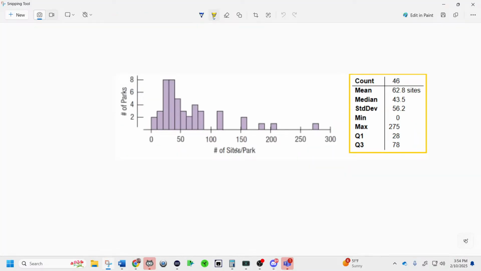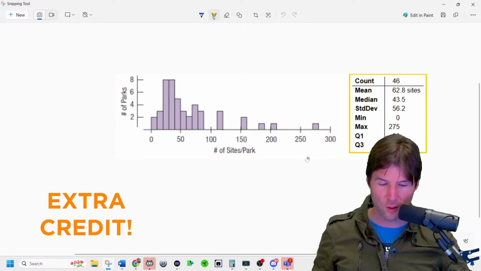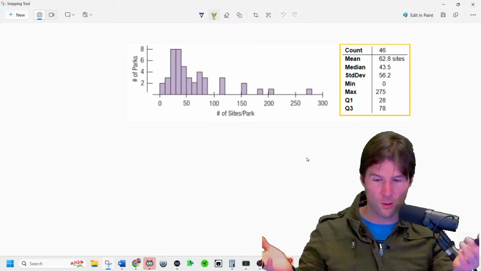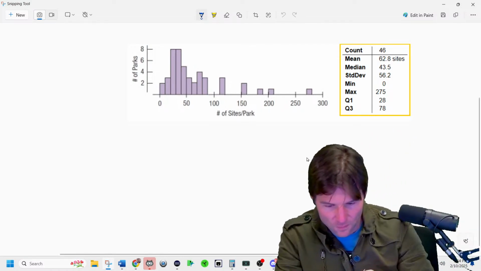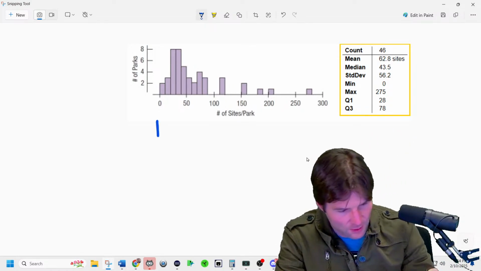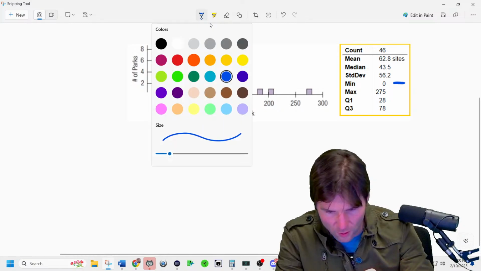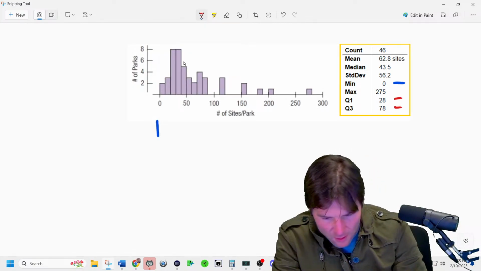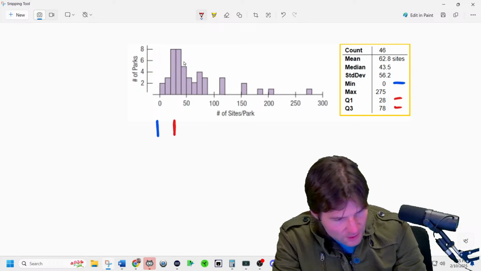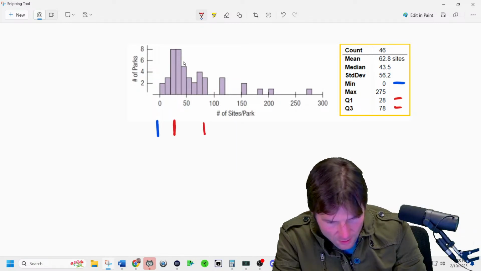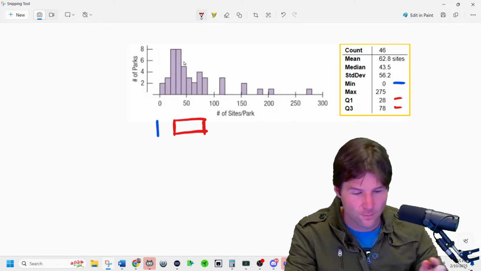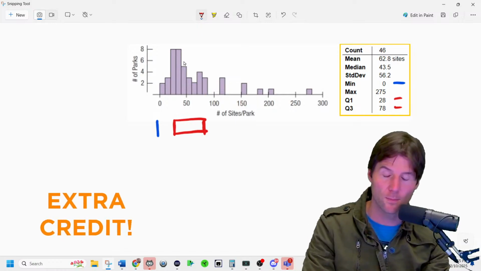You go down here, you mark this, and then you draw what with the 5-number summary? A boxplot? Kai, got it.